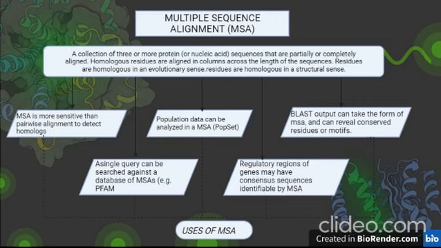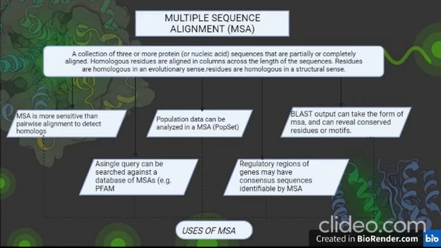Sixth, phylogenetic analysis. By carefully picking related sequences, we can construct a tree using the sequences that we have used in the multiple sequence alignment. Seventh, multiple sequence alignment is more sensitive than pairwise alignment for detecting homologs.